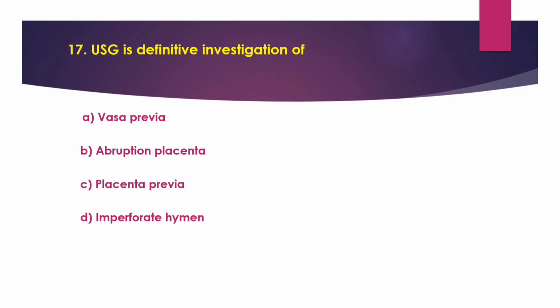So according to the options, USG is a definite investigation of... the answer is placenta previa. After determining whether the placenta is covering the cervix or not, depending on that, the doctors will determine whether the pregnancy can be normal or proceed with cesarean.